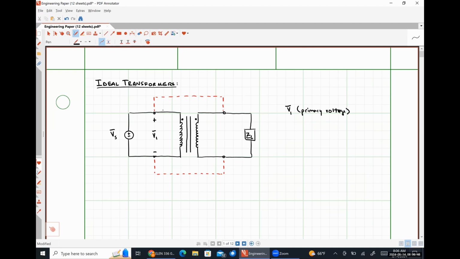The current that's flowing into our first coil, I1, is going to be our primary current. The voltage drop across the right-hand coil, V2, is going to be our secondary voltage.